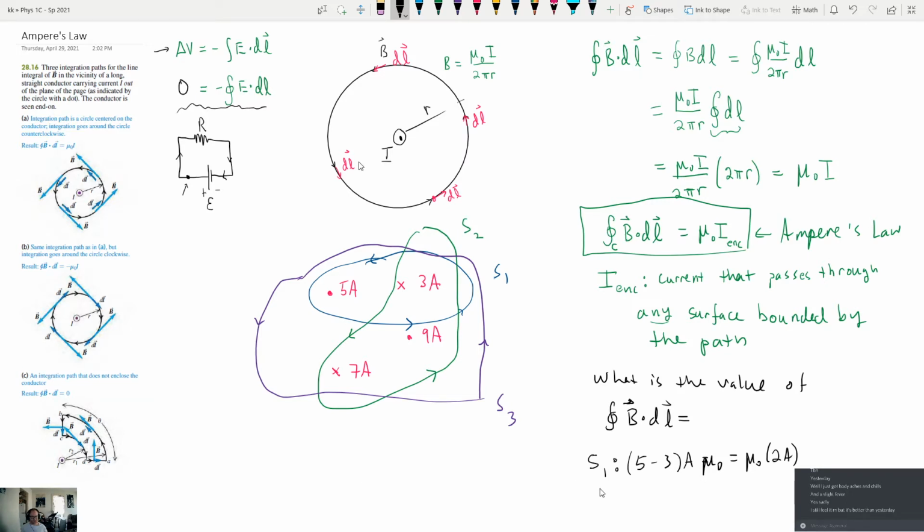So what about surface 2? Negative mu naught. Okay, so surface 2 has 9 coming out and 7 and 3 going in. So it's going to be 9 minus 7 minus 3 amps times mu naught. So it's going to be 1 amp times mu naught. Can you see how this is really similar to Gauss's law?